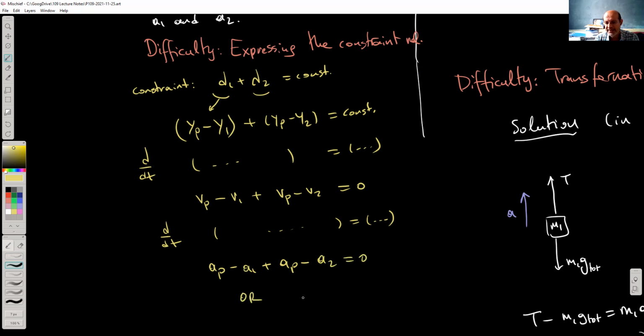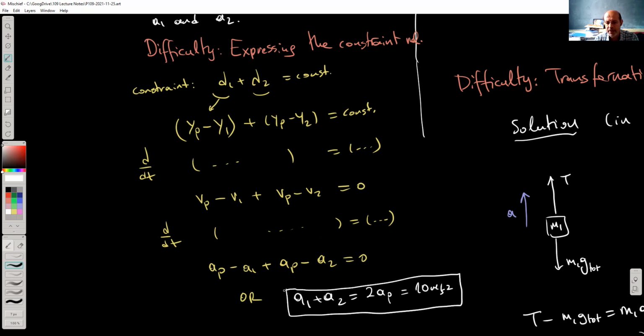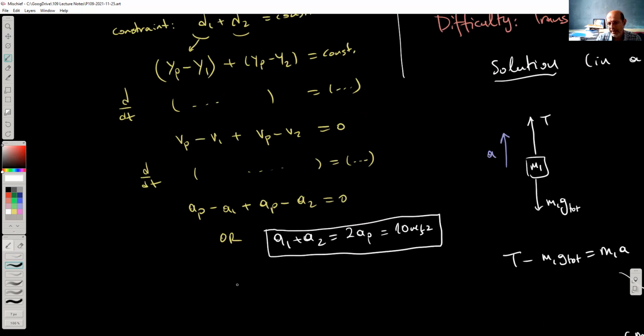Or we can say that, let me use a white color now, A1 plus A2 is equal to 2AP, which is basically 10 meters per second squared, right? The acceleration of the pulley is given in the problem. So that's the constraint relationship in here. It basically says that the sum of these two accelerations should be fixed, and fixed at this particular value.